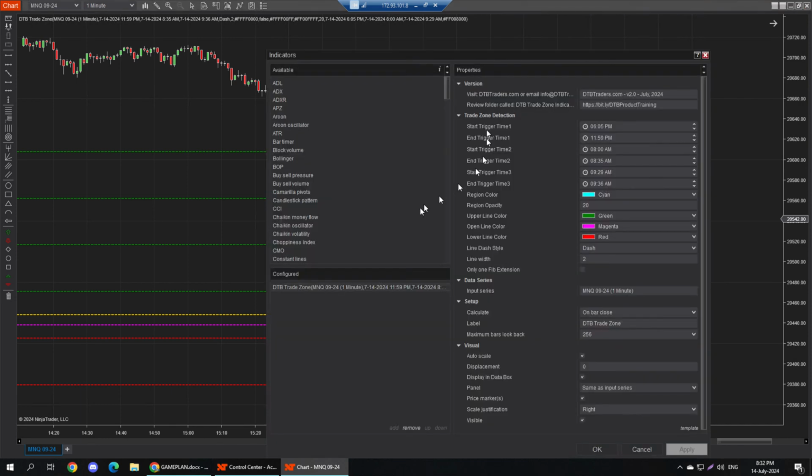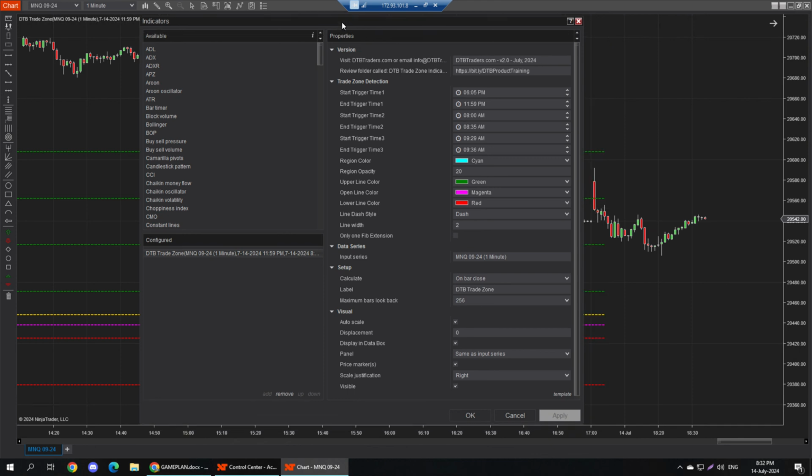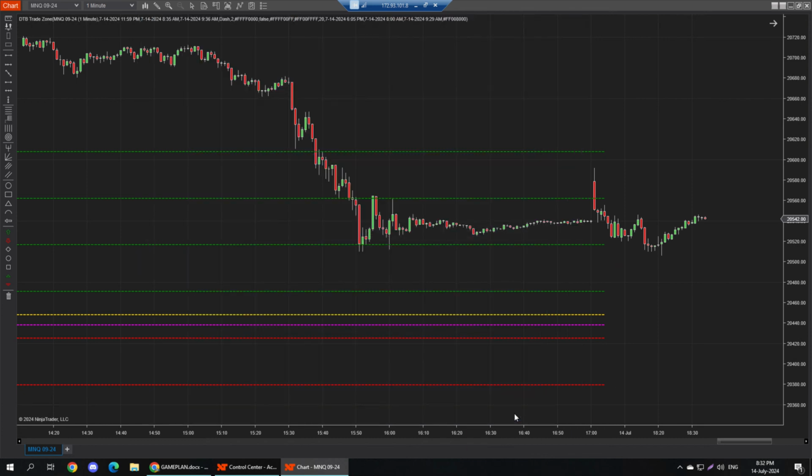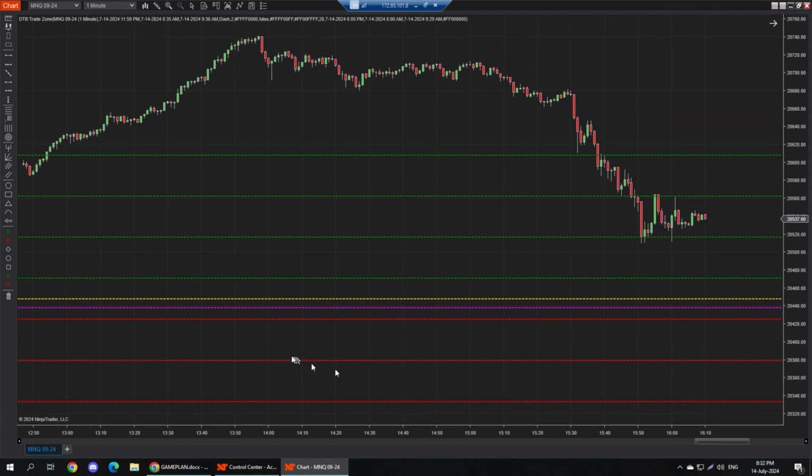Now these are obviously values you can change to any values that you want, right? But the last one for the day was 9:29 to 9:36. So that's basically just before all hell breaks loose, and just after the main moves have happened, or the direction has been confirmed, the range has been confirmed. Okay, so we're going to go straight to that section.